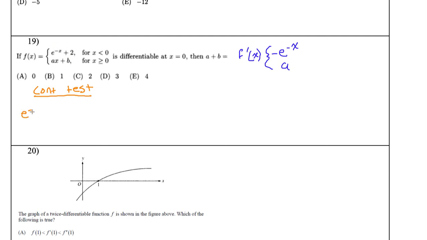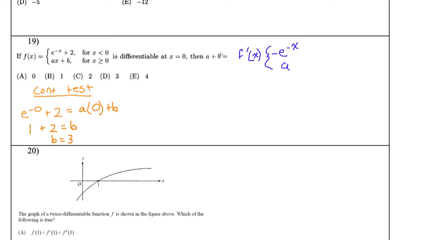So e to the negative x, but now it's 0 because I'm plugging in x equals 0, plus 2, needs to be set equal to the right piece, which is a times 0 plus b. Let's see how much we can solve. E to the 0, anything to the 0, is 1, plus 2 is equal to b, because a times 0 is 0. That means b is equal to 3.